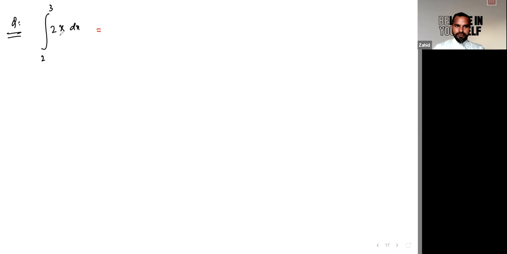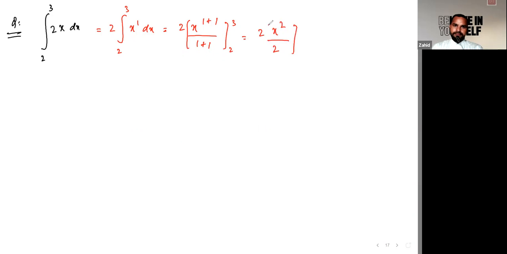Okay. So if 2 is a constant term, keep it outside. You're left with x raised to 1 times dx, with limits extending from 2 to 3. Now, if you apply the formula, you will get x raised to 1 plus 1 divided by 1 plus 1, limits from 2 to 3. So it will be x raised to 2 divided by 2, from 2 to 3.